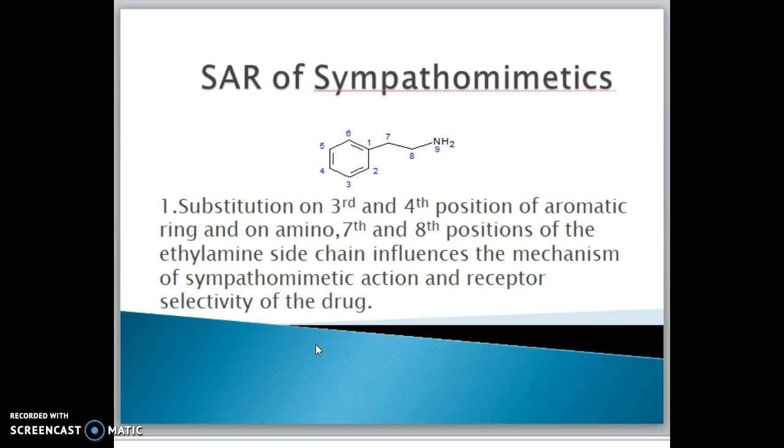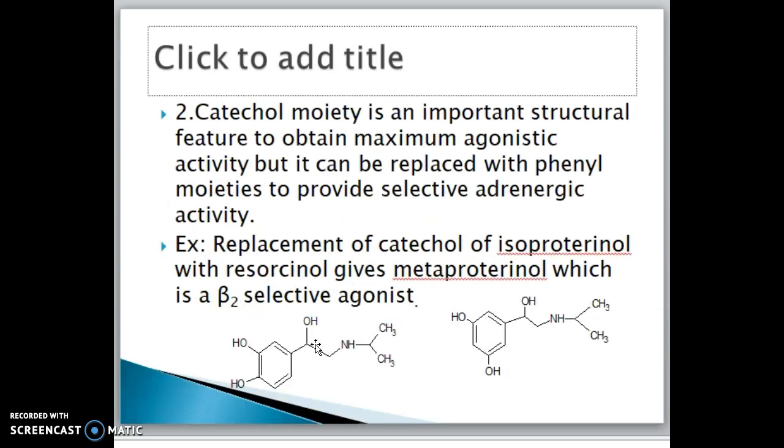All these position substitutions are required, and the substitutions at these positions are going to influence not only the mechanism of the sympathomimetics but also their receptor selectivity. That means at which receptor they are going to bind. Based on the substitutions, we can expect receptor selectivity like alpha 1, alpha 2, beta 1 and beta 2.